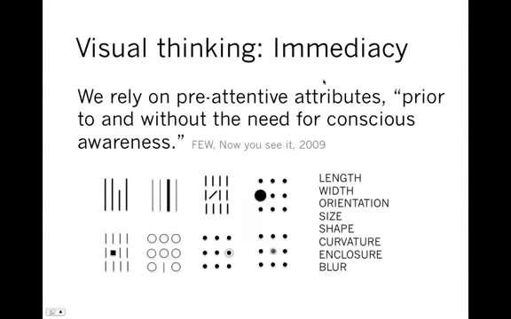So for example, here you see that there's a line which is not curved amongst a group of circles or curved objects. The next is enclosure, meaning that in this case, one circle is enclosed within another circle. And the last is blurred. You see that the dot in the middle is blurred, and this is another pre-attentive attribute.